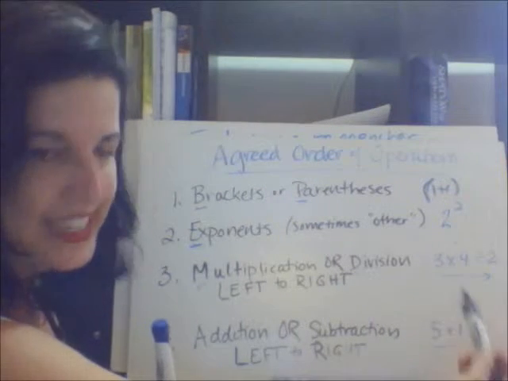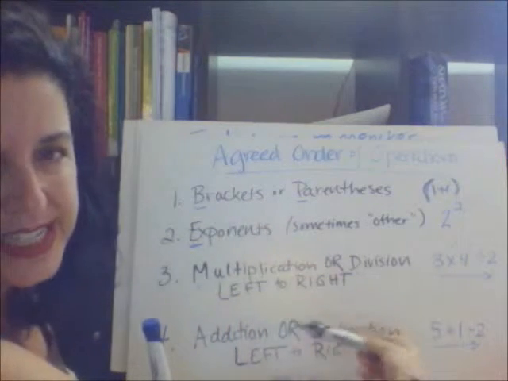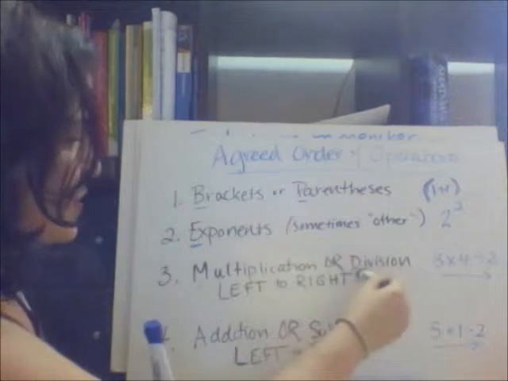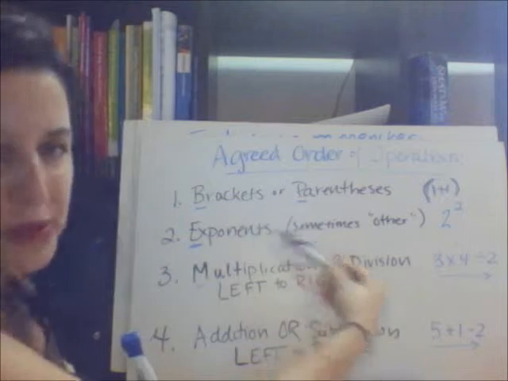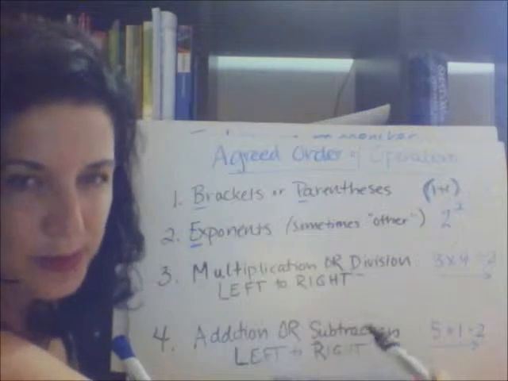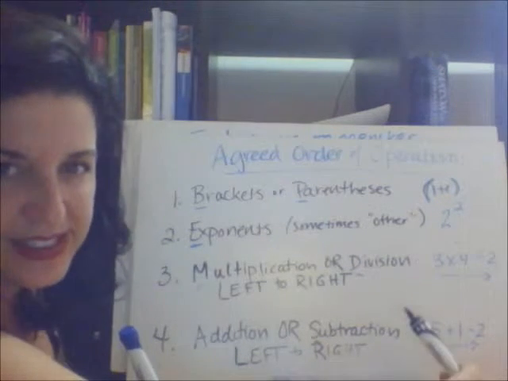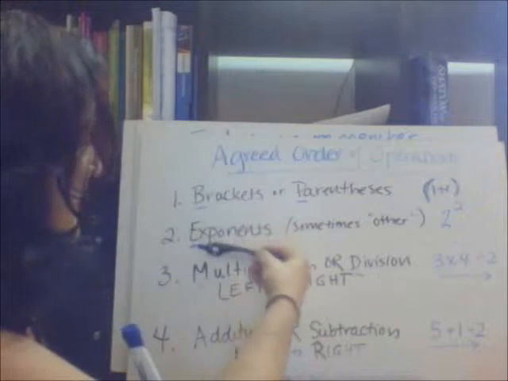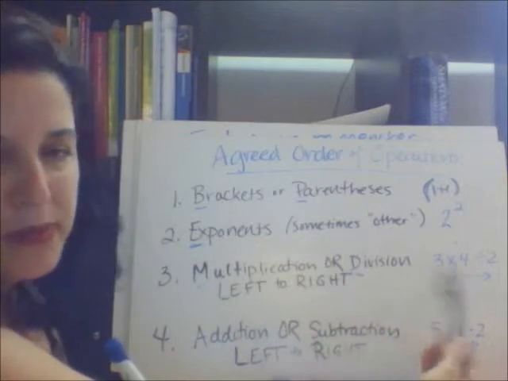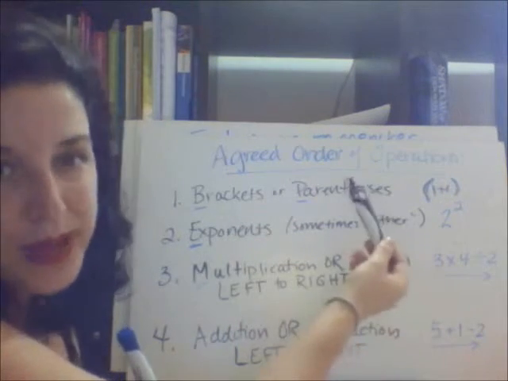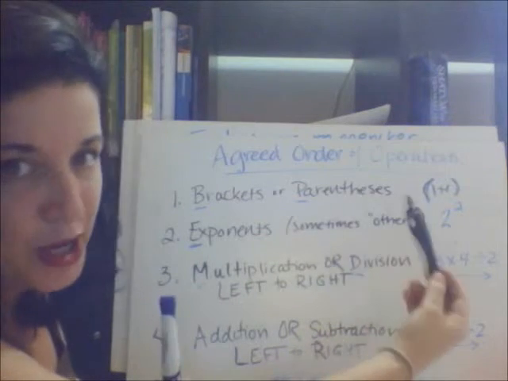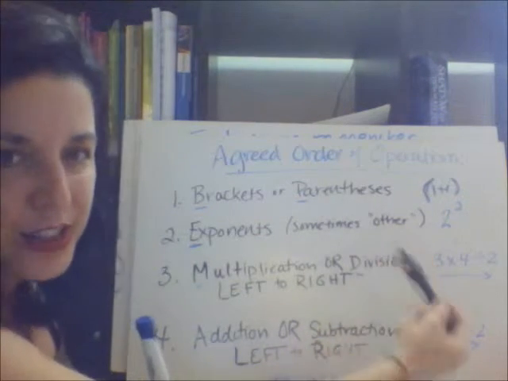You can see here I've underlined the beginnings of certain words, because people use this as a way of helping them remember the order of operations. So you see BEMDAS or BEDMAS, or PEDMAS or PEMDAS or PODMAS, a lot of different acronyms.